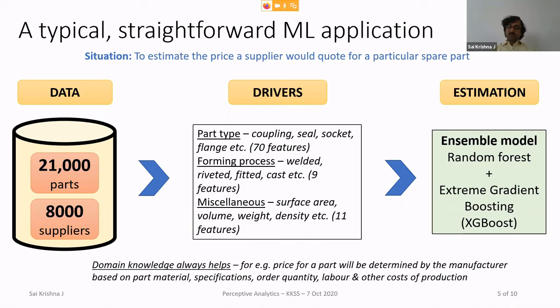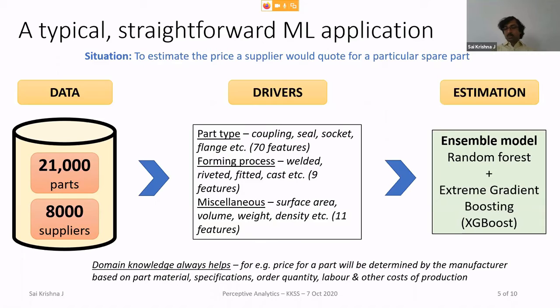But unfortunately, our data does not specify the exact material of the part. It doesn't say whether it's iron or aluminium or steel or whatever. But we have the dimensions, we have the weight, using which we can calculate the density. This density, we can consider as a proxy to the material. Each metal type will have a particular density, and that metal type has a bearing on the final cost.